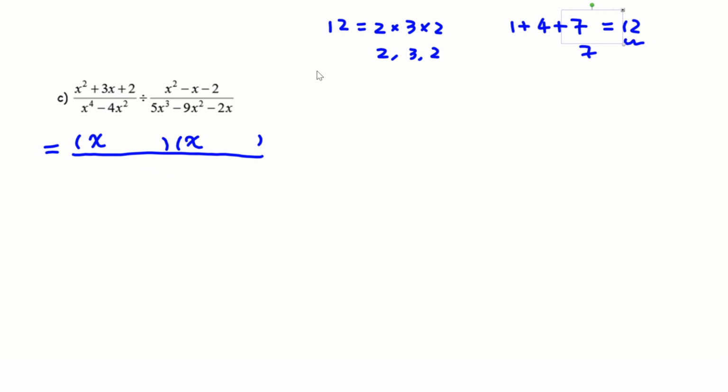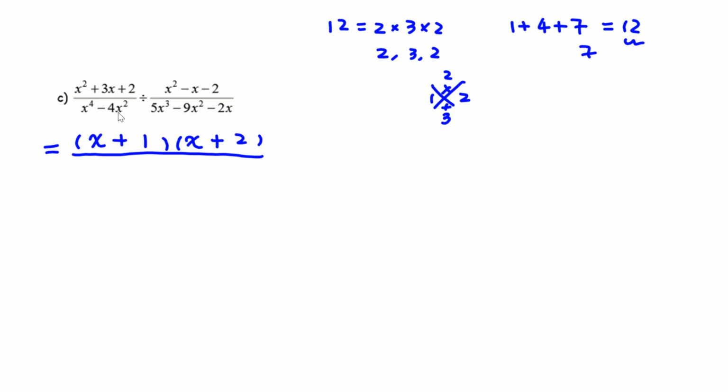So this one, times together equals 2, add together equals 3. 2 is a prime number, so you don't have another choice, it is minus 3. And add together is 3, so it works. Then the denominator, you have x to the 4 minus 4x squared. Two terms. When you have variables in each term, you are going to consider the common factor.